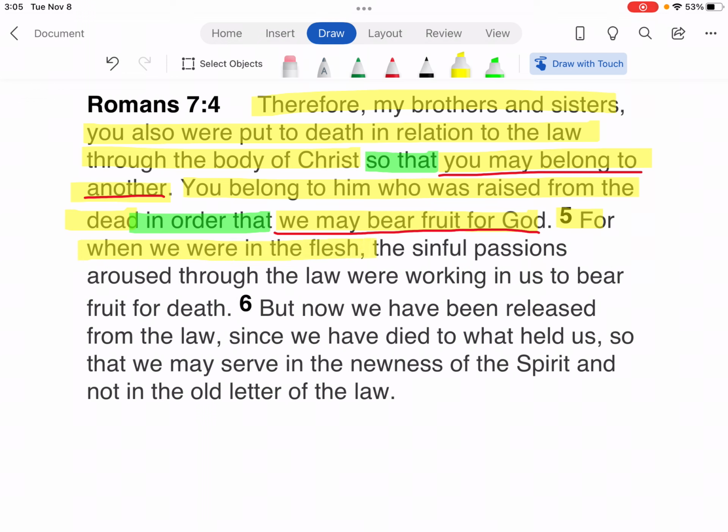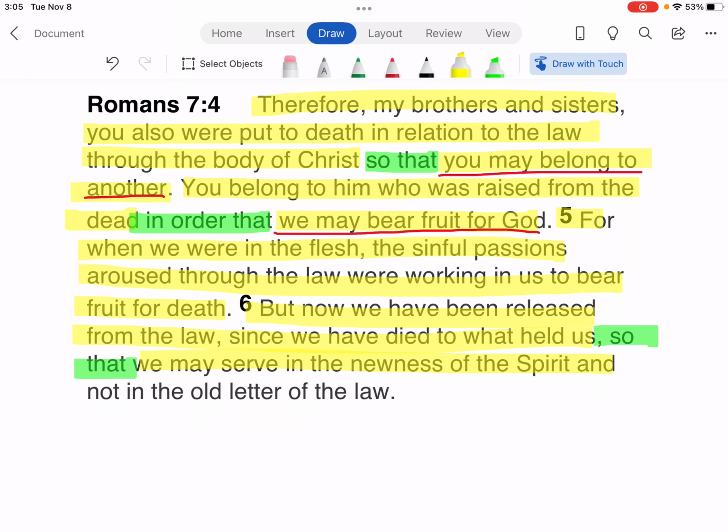When we were in the flesh, the sinful passions aroused through the law were working in us to bear fruit for death. But now we have been released from the law, since we have died to what held us, so that, here it is again, we may serve in the newness of the Spirit and not in the old letter of the law. You see that?